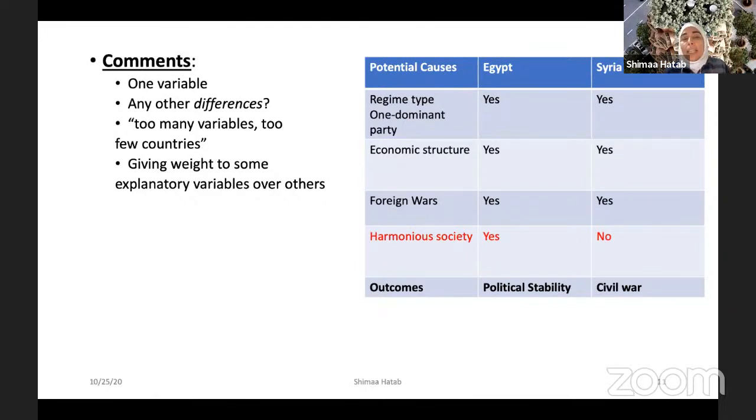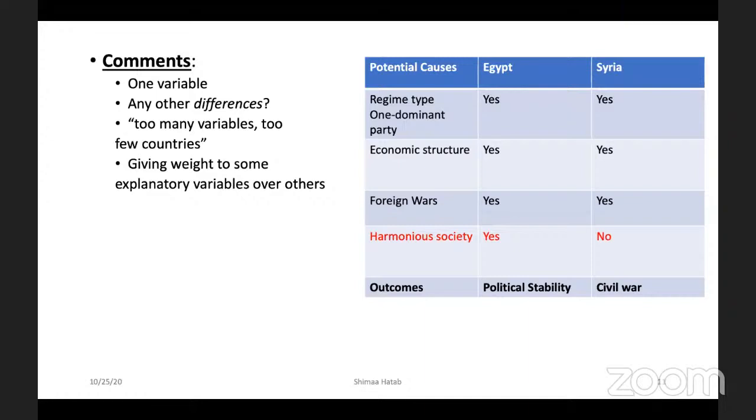So here, for example, you don't care about the relationship between Bashar al-Assad and his wife. It doesn't have anything to do with the outcome. It doesn't make sense.